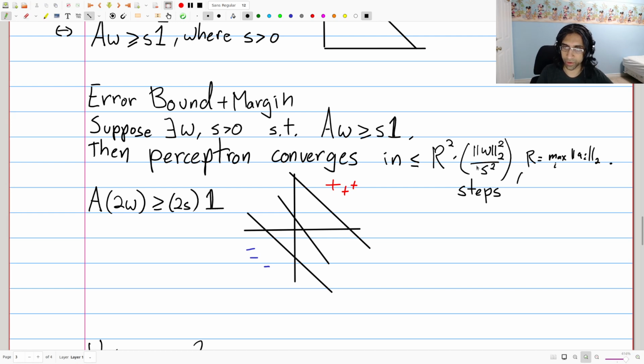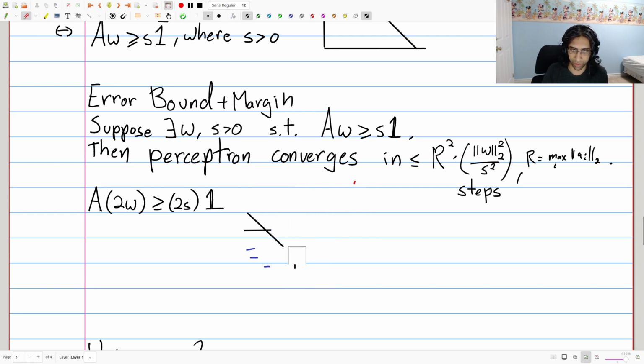For the sake of analysis, we would like to picture that we have the W and S pair which minimizes this quantity. If we pick the one which is smallest, that will result in the fastest and the tightest convergence bound for the algorithm. So good, let's take a bit more of a look at that, and we'll see how the interpretation of that goes.